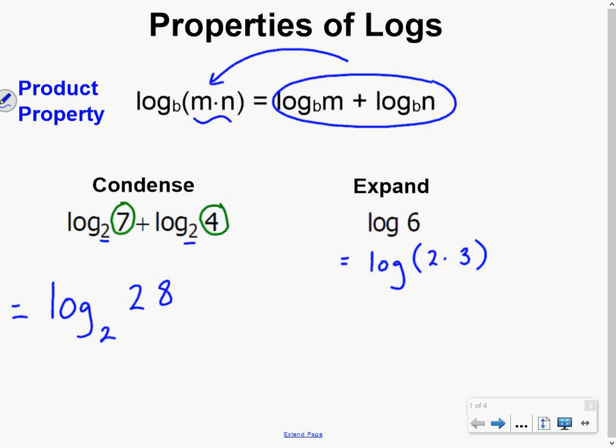But the point of splitting it up that way is now, if I see that this is the log of a product of things, two things multiplying, I can split it into two logs being added together. And notice the base originally was 10, so throughout my expansion here, I made sure that my logs kept the base of 10.